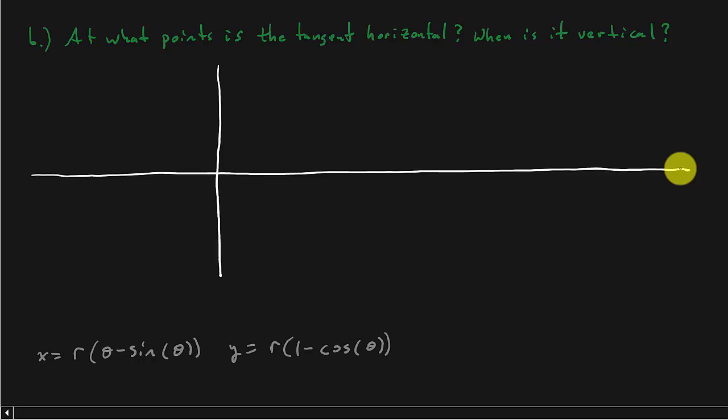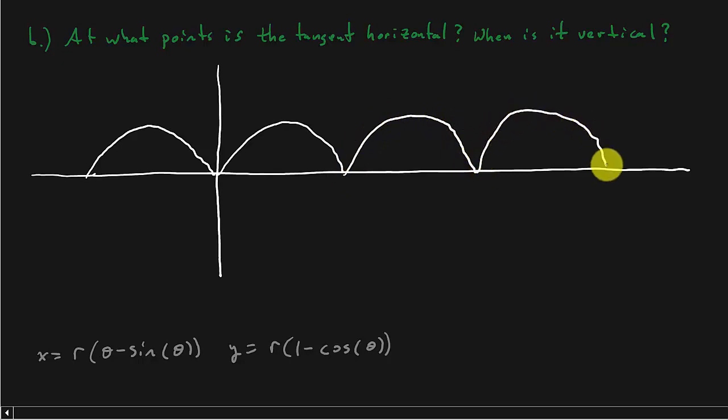This is a cycloid. It's going to look like this. The previous section in your book would go over this. This is actually negative 2 pi r. We got 0, we got 2 pi r, we got 4 pi r, and we got 6 pi r.